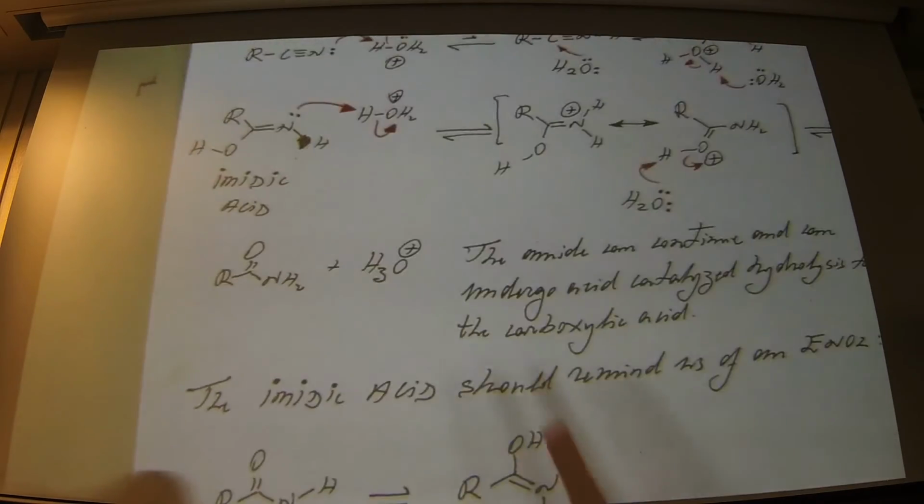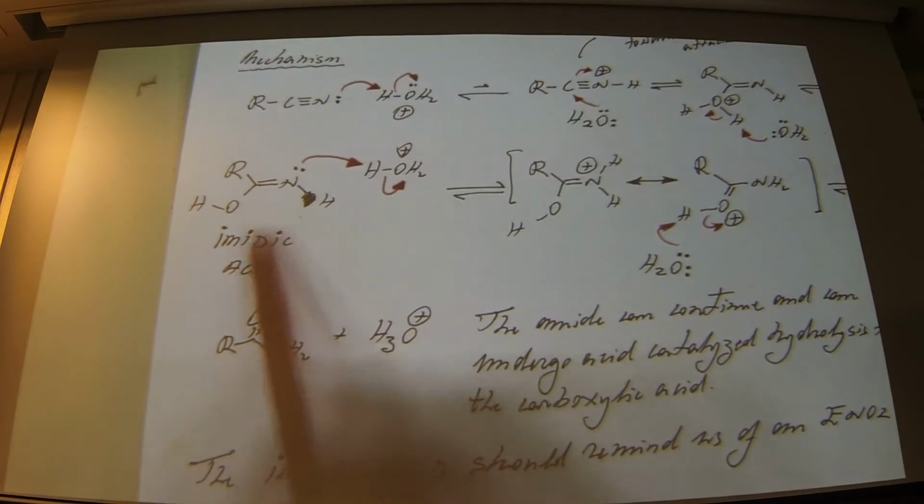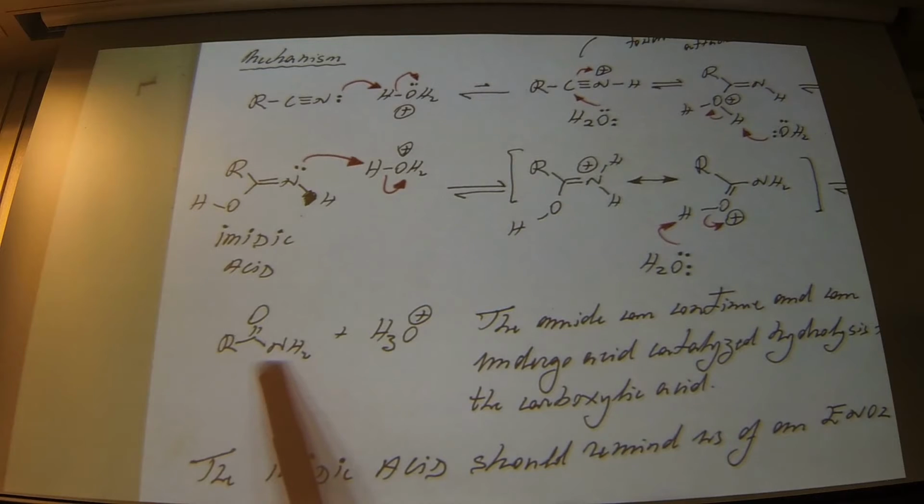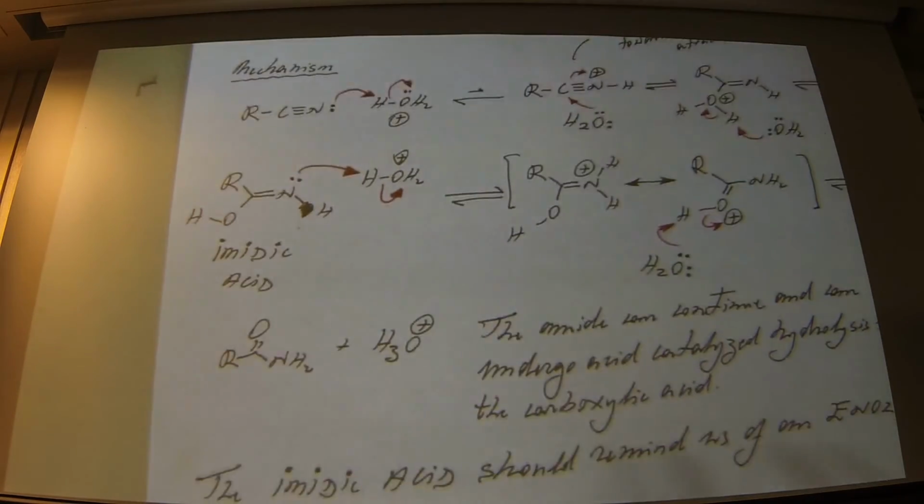And so the conversion of the imidic acid to the amide is also very similar to another reaction that you've seen. It looks very much like an enol to ketone tautomerism. In fact, it is. And I mention that because you need to make these connections, okay? So if you think of the enol to ketone being one reaction, and this one being a different one, then you're missing the connection, and it's harder to keep this all straight.